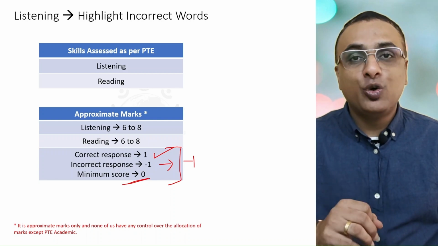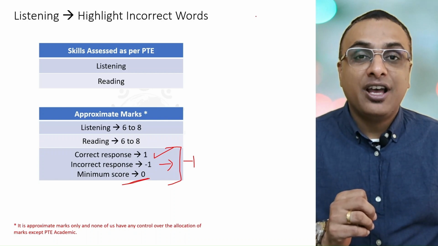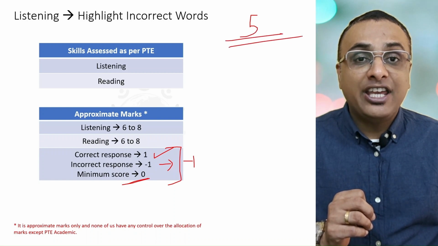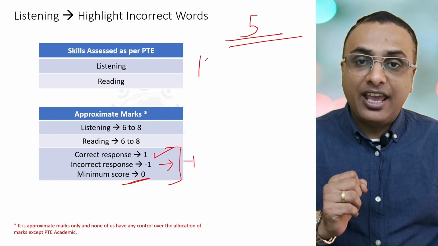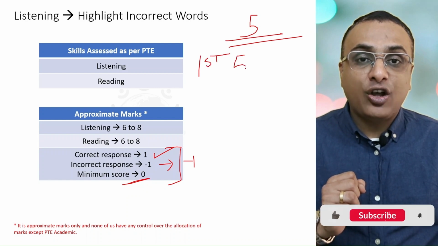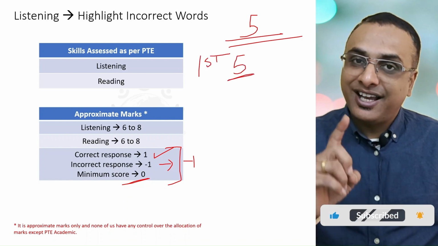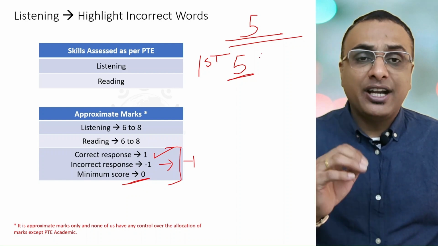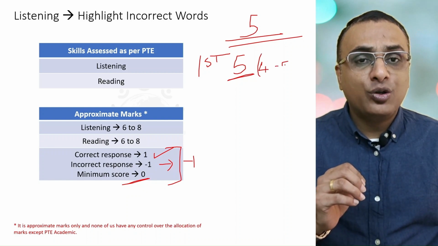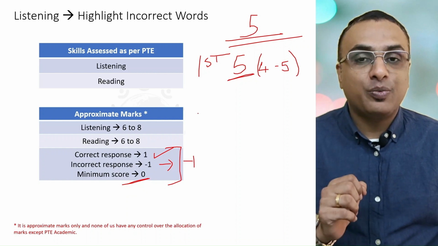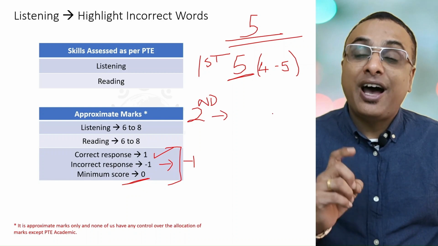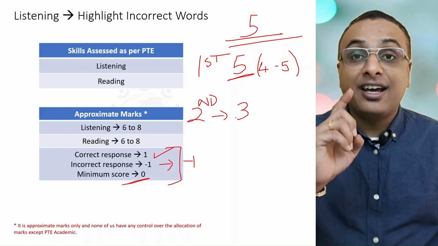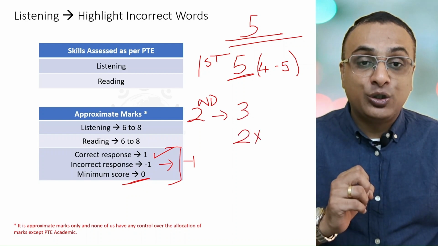Let me explain with 3 simple scenarios. Consider you have 5 options or 5 words that need to be selected. In the first scenario, you select all the 5 responses correctly. In this case, you would get approximately 4 to 5 marks for that question. In the second scenario, you have selected 3 correct responses and you have made 2 mistakes.